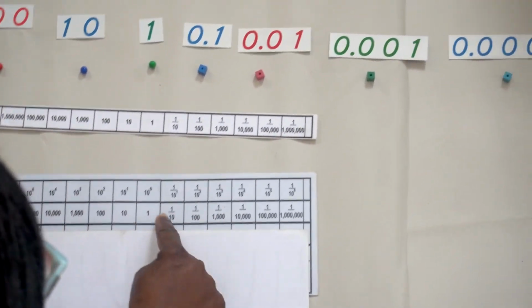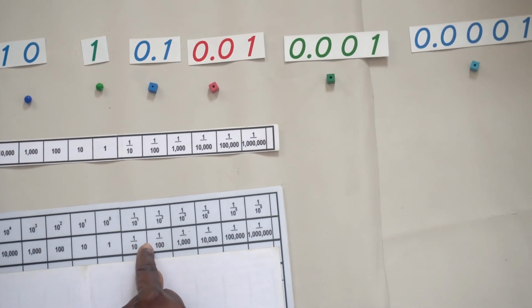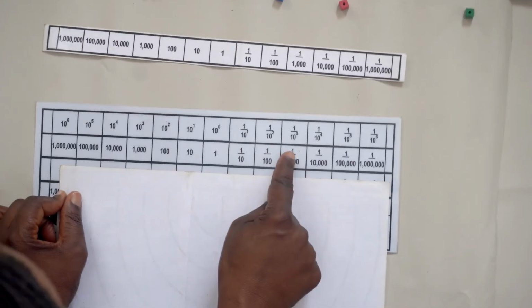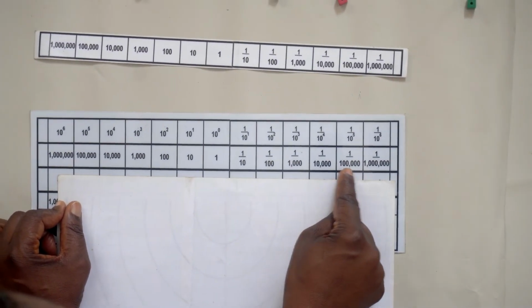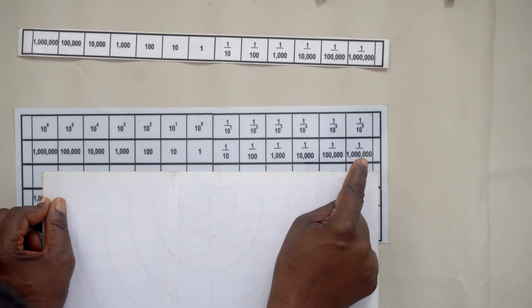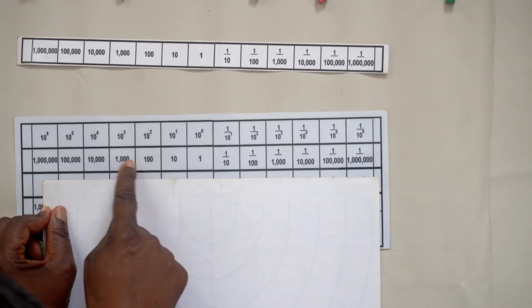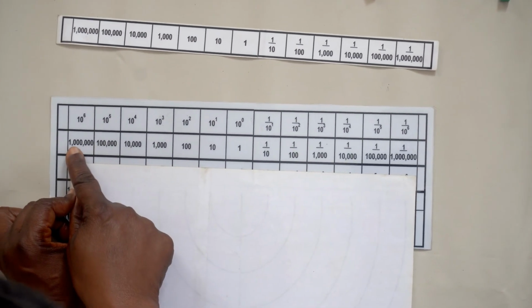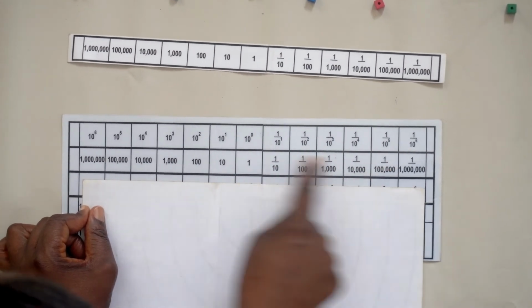As I've said, this is what we have here. 1/10, 1/100th, 1/1,000th, 1/10,000th, 1/100,000th, 1 millionth. And of course, you know these numbers: 10, 100, 1,000, 10,000, 100,000, and 1 million. So this is another way of writing these quantities.